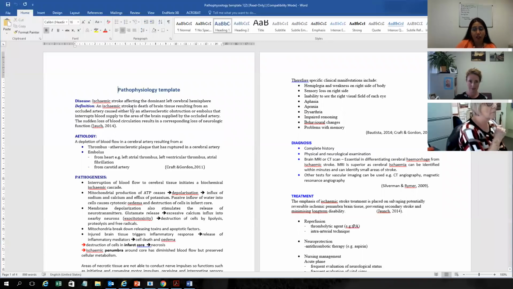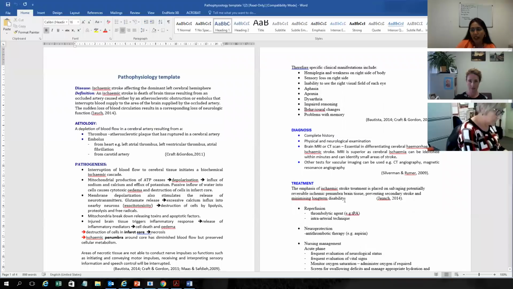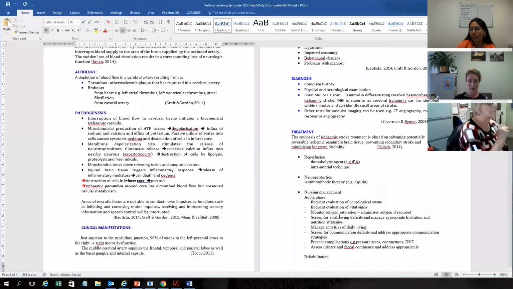Your topic is not stroke at all. It's acute severe asthma. So this is a sample template, but it has a lot of side headings to guide you with your research. Once you've researched your topic, please put down information under these side headings.